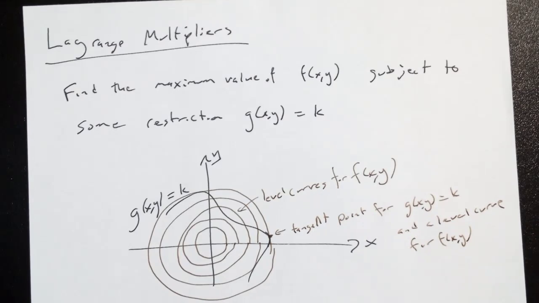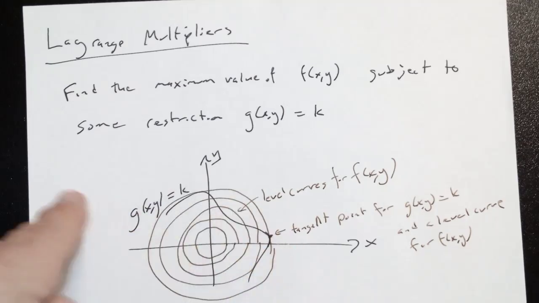Let me think about this a little bit further. If those two just touch each other there, then what do I know about the derivative of G? Remember, the black curve here, that's G of xy equals some number. We think of that as a vector function, it'll have a tangent vector. Yes?